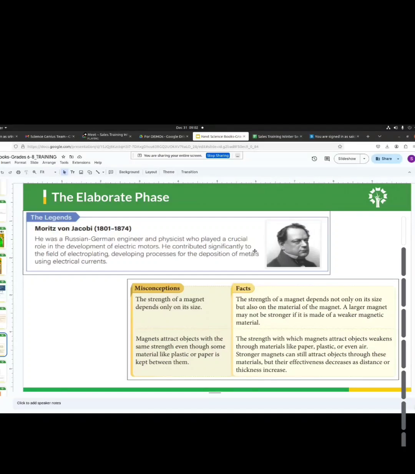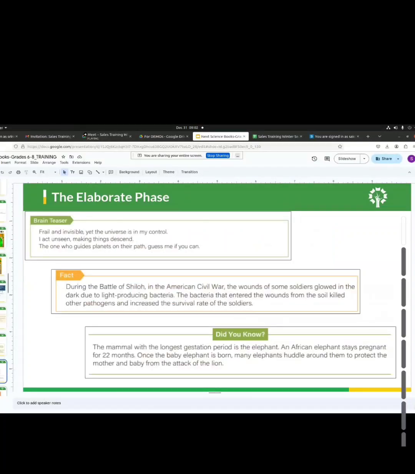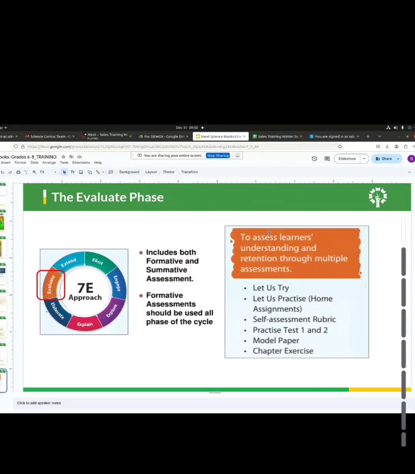It is knowing about the scientist. Yes, you are correct. The legend section is all about whichever concept they have read in that chapter. Whoever the prominent scientists related to the concepts dealt with in that chapter, we have given that scientist's information here, and how he contributed towards this field is mentioned through the legend section. So this also comes under the elaborate phase. So this is all about the elaborate phase components.